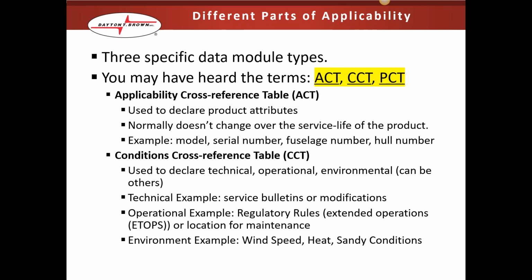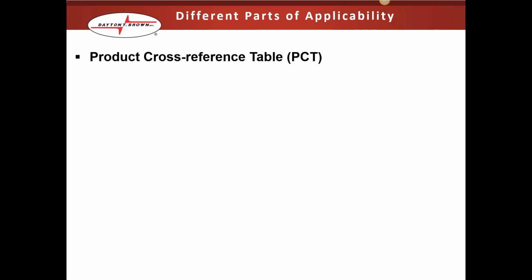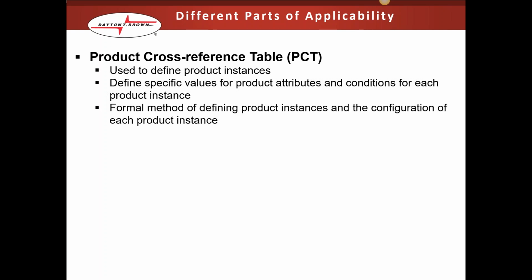Okay, and then the last piece, the product cross-reference table, or the PCT. This is where we pull all of those things together. We pull in product attributes, we pull in technical conditions, and this is where we define product instances, right? So we take different specific values from product and condition expressions that are in the ACT and CCT, and we formalize them into product instances and the configuration of each product instance.